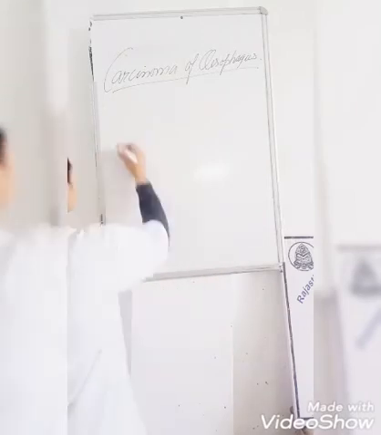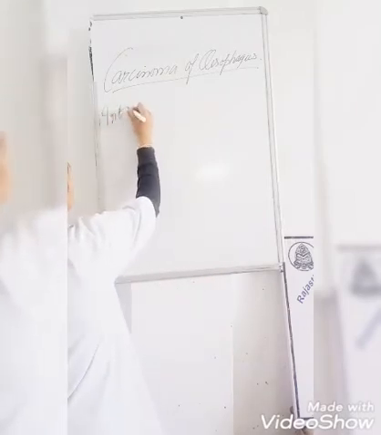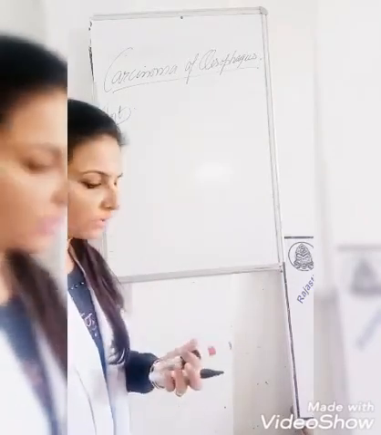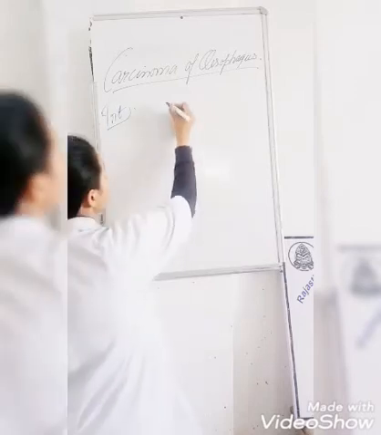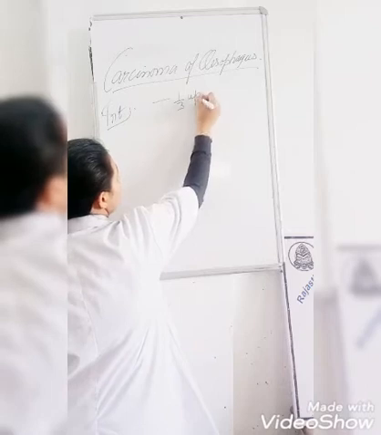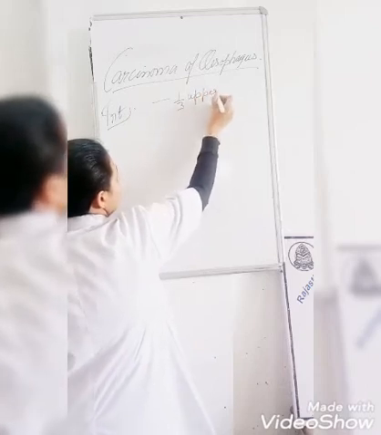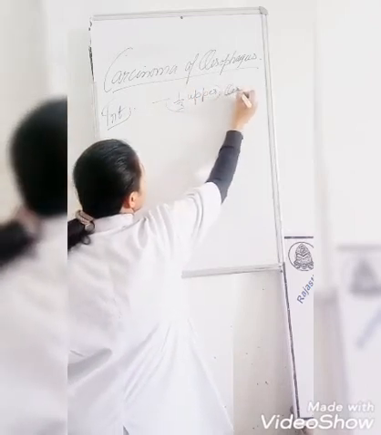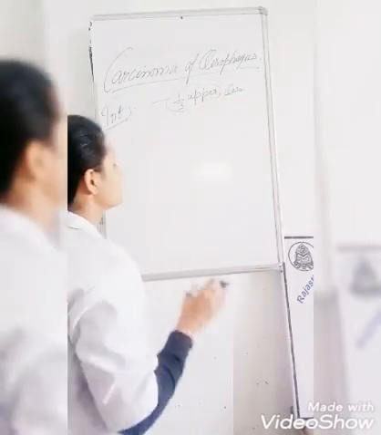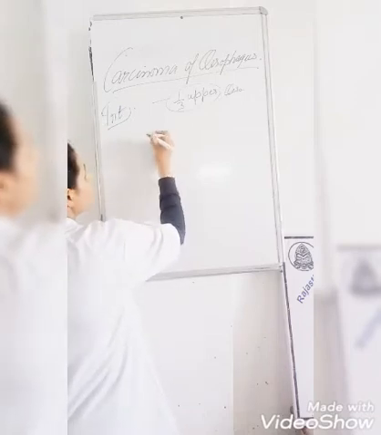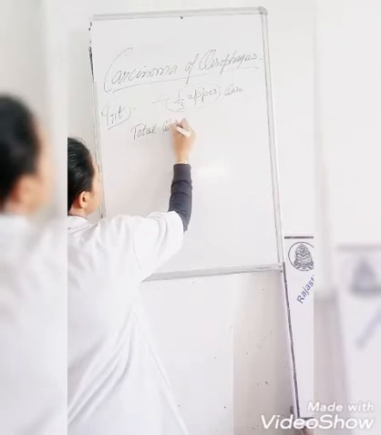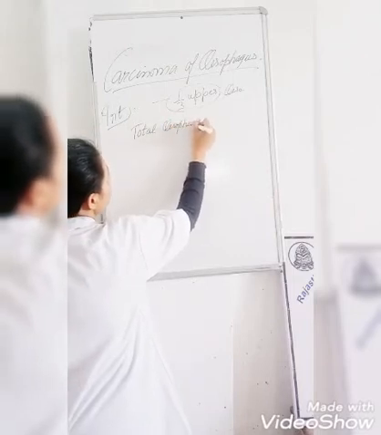Now treatment. Treatment of esophagus depends on three conditions. If there is carcinoma of the upper one-third of esophagus, then we will do total esophagectomy.